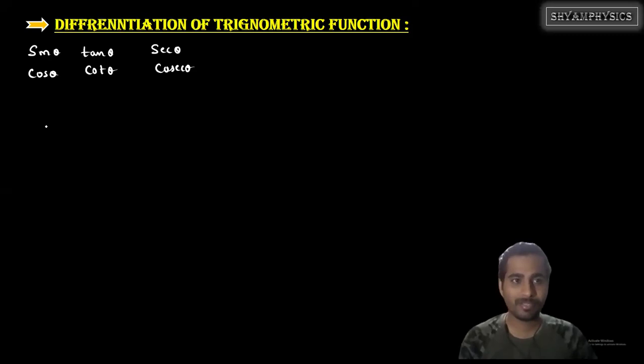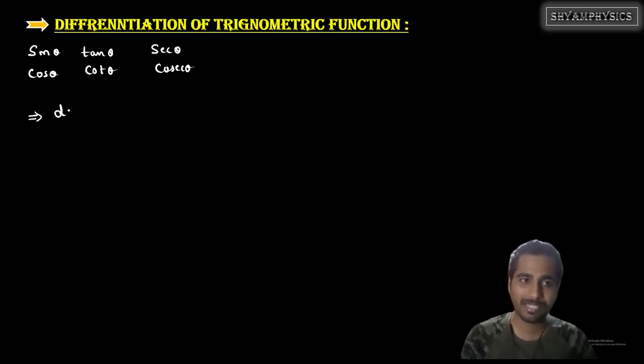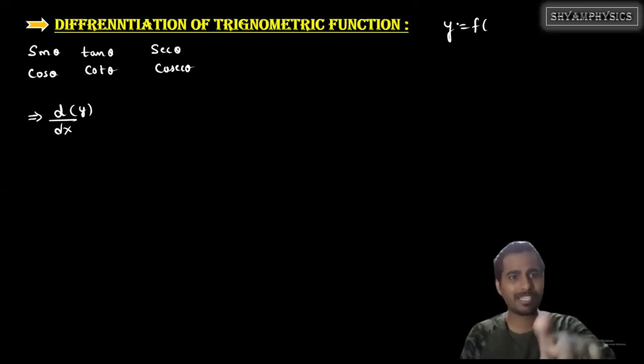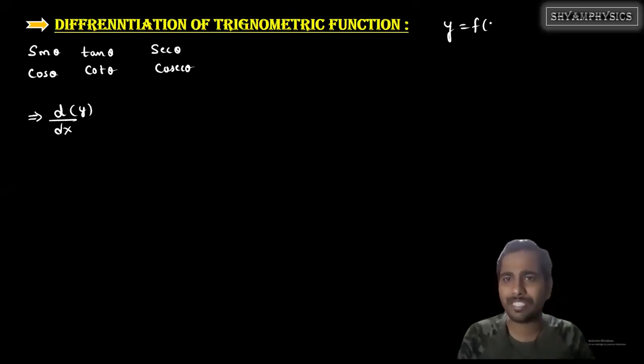Now this is theta, and I want to take the differentiation. Tell me what differentiation is and how it is represented. Sir, it is d by dx of any function. That function is taken care of by y. Simply we can write y is equals to f of whatever it might be. In this case, theta is visible, so I will treat it as theta itself.